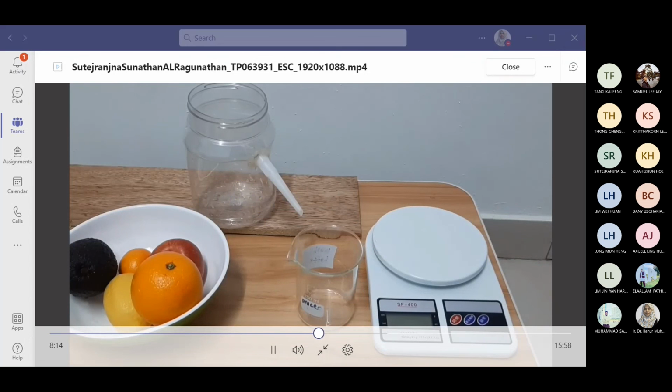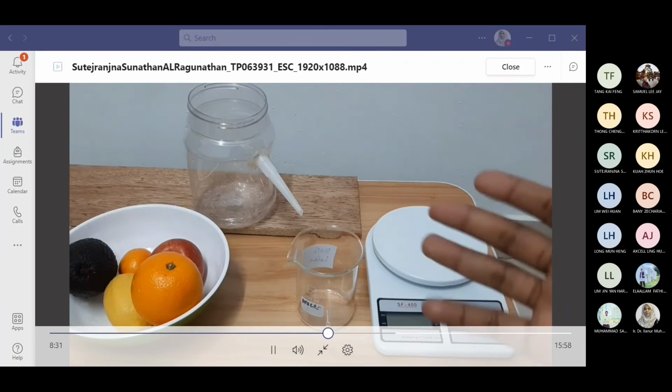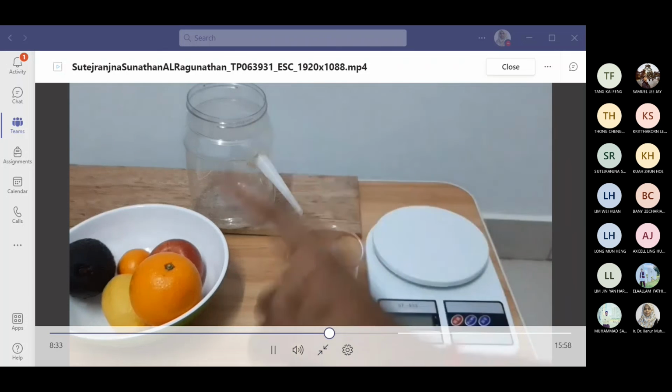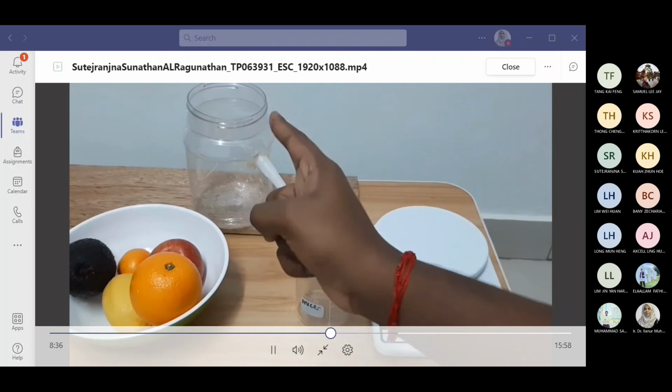Okay, so the first thing that we have to do in this experiment is to measure the weight of the beaker. Now, it is important to measure the weight of the beaker because the aim of this experiment is only to measure the weight of the fluid displaced when we immerse the object into the eureka can.